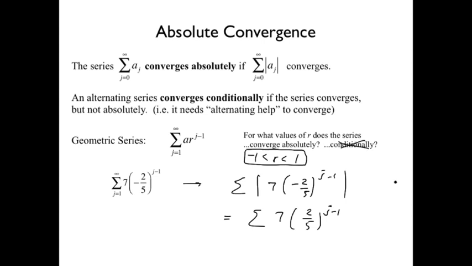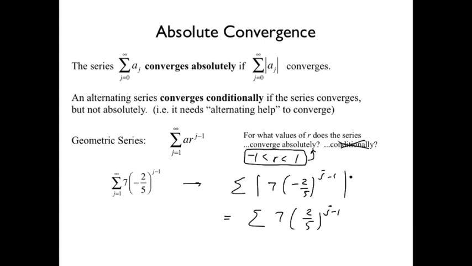It either diverges outside of -1 and 1, or it converges absolutely. So for geometric series, there's no deal where you need the alternating to help it, okay? It's either going to blow up outside of -1 or 1, or it's going to be absolutely convergent. Okay, any questions on absolute convergence?